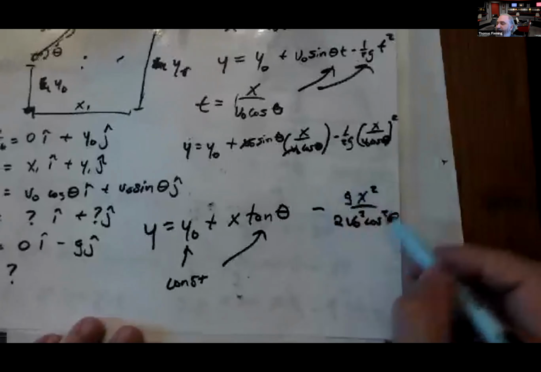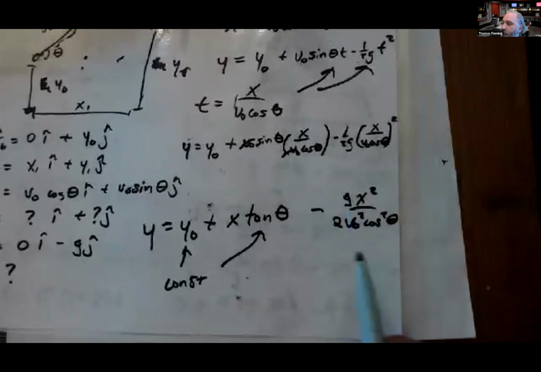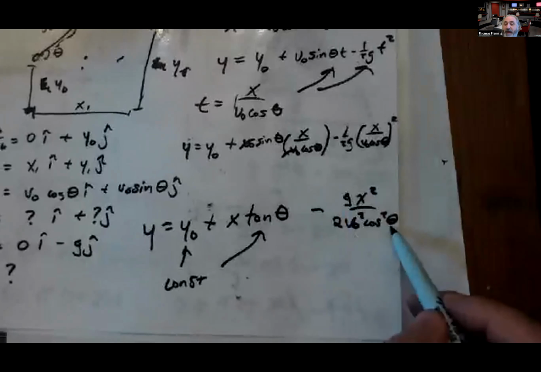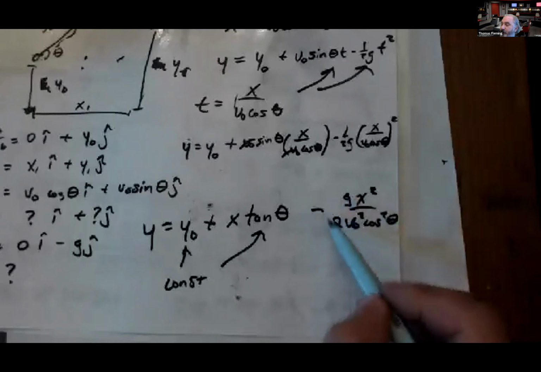And this looks kind of ugly, but g, that's a number. It's 9.8. 2 times v initial squared. Well, when I throw a baseball, I have to throw it at some speed, so that speed is one number that's not changing. The cosine of the angle I threw it at is one number that's not changing.